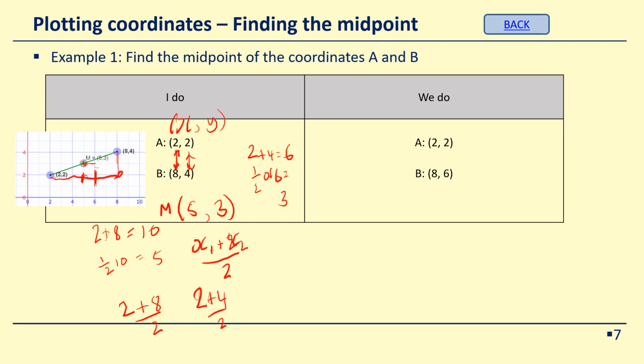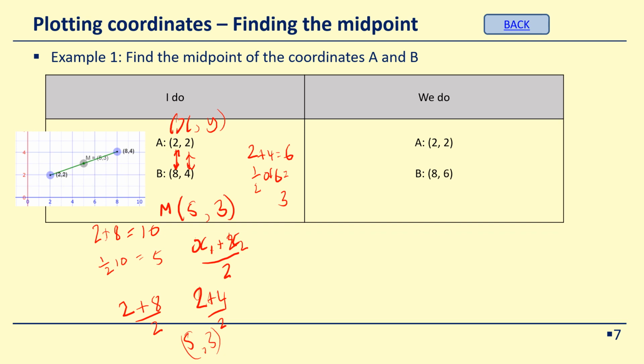So that gives you 5, 3. So you add them up, add the A point to the B point for x, and then half it. Add the A point to the B point for the y, and then half it. And if you draw it on a diagram, hopefully you can see it.